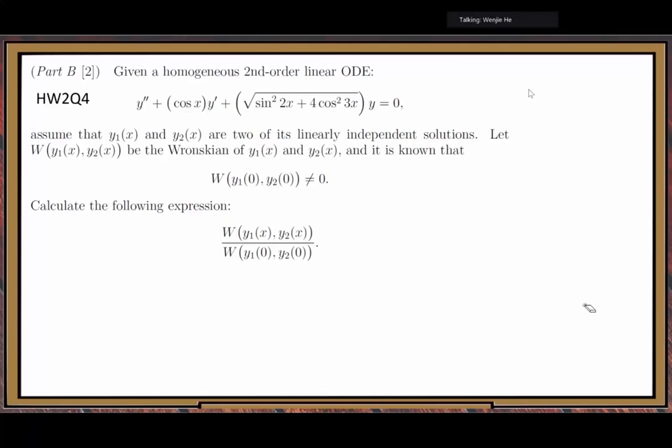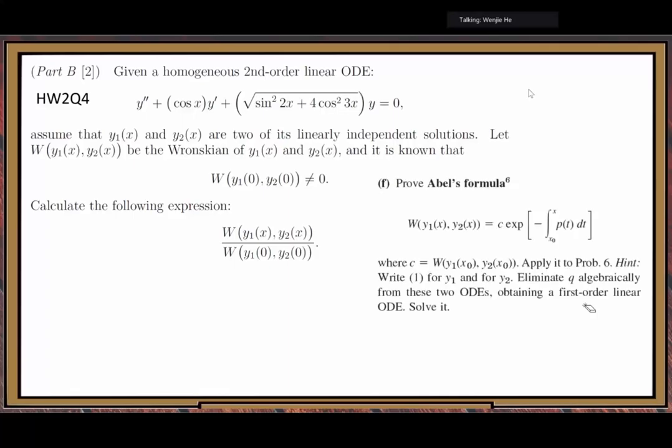For this question, most students used an existing result in the textbook. I took a screenshot from the textbook; this result is closely related.